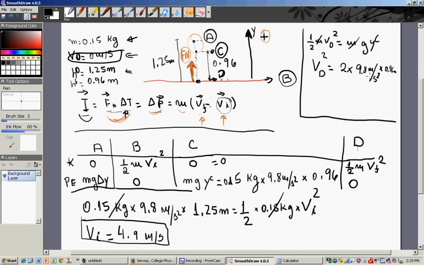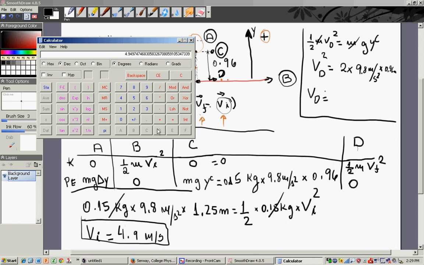Then we go to our calculator, 2 times 9.8 times 0.96, equals, and then I take the square root of that, 4.34.